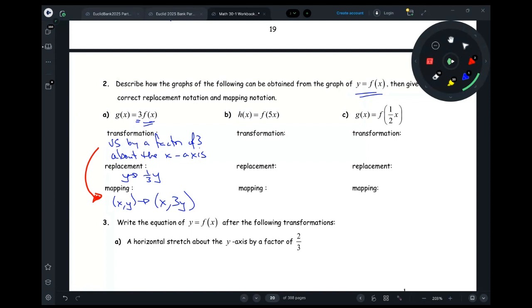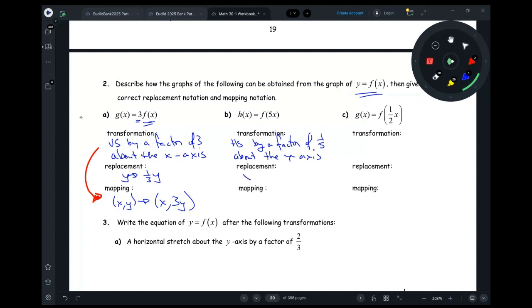Here, that 5 is being multiplied by the x, which means it's changing the x before the function can turn it into a y coordinate. So this is a horizontal stretch by a factor of 1/5 about the y-axis. Okay, and it's 1/5 because if I was to try to get x by itself there, to figure out what the x coordinate is, I would have to divide by 5 at the end.